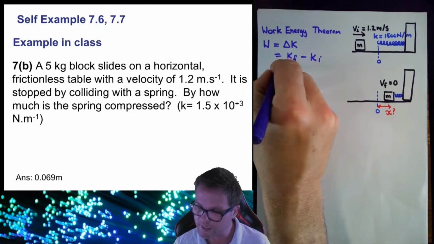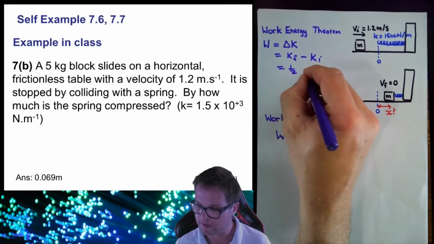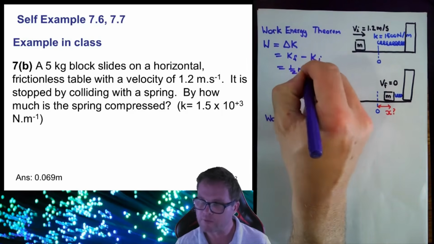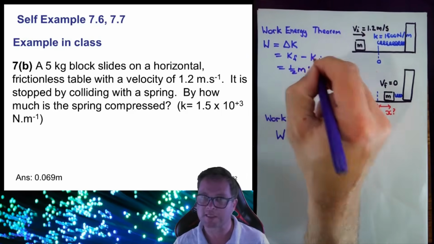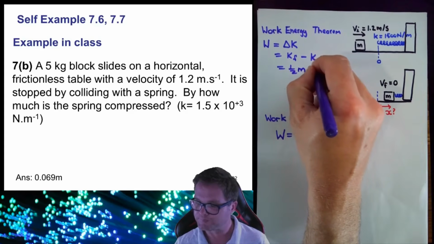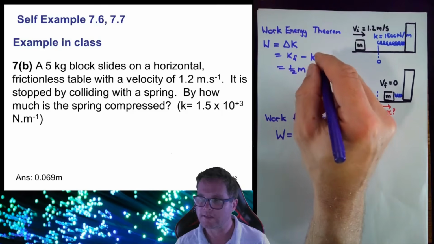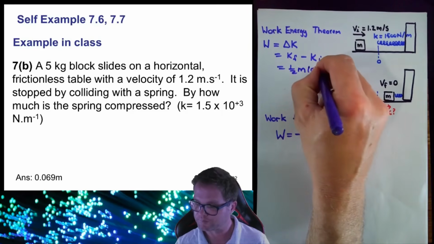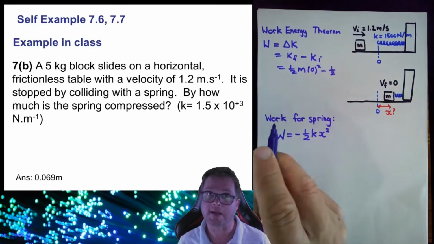So this will be half. We're not given the mass, but it will be half times the velocity. The final velocity will be 0 squared. And then what we need to do is subtract the initial kinetic energy.